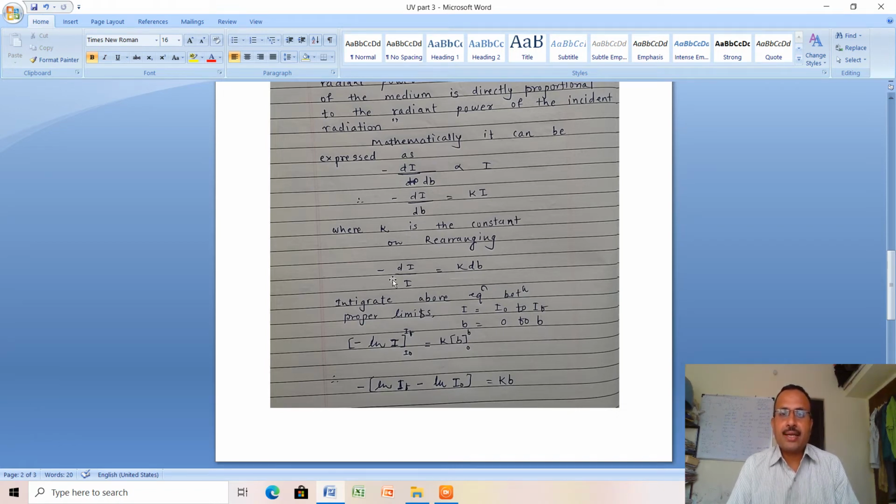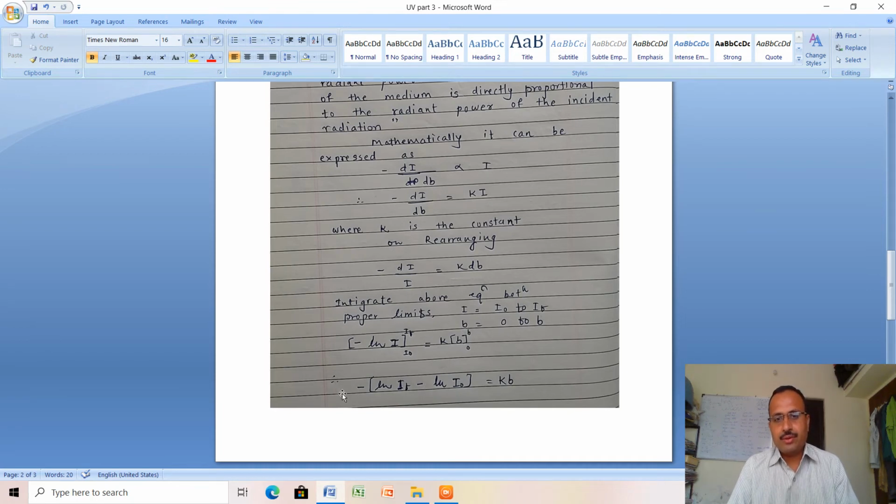The integration of minus dI by I is minus ln I, with the lower and upper limits given in brackets. Similarly, integrating k into db gives k in brackets b, where 0 indicates the lower limit and b indicates the upper limit.